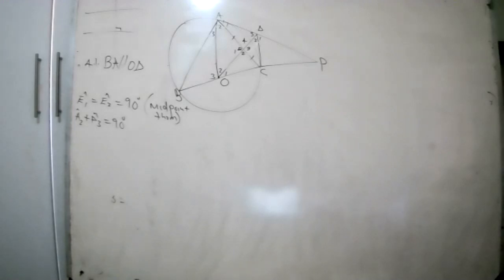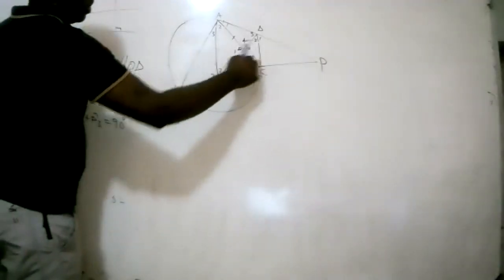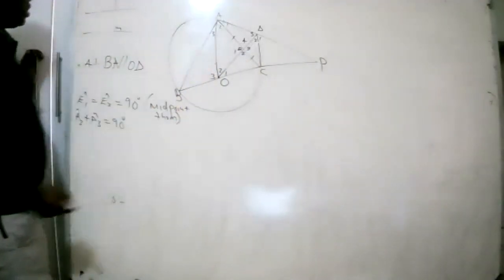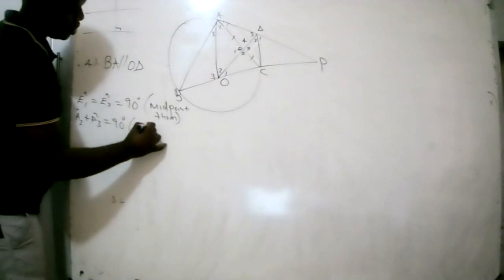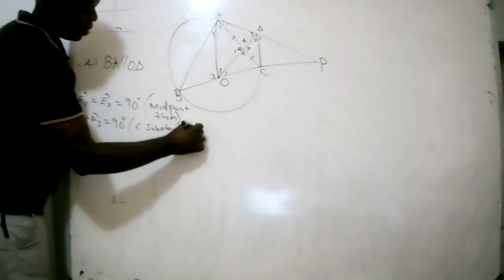Angle that is subtended by a diameter. This is a diameter. Therefore, if it is a diameter, it means it's going to form a 90 degree up there. So we have angle subtended by a diameter.